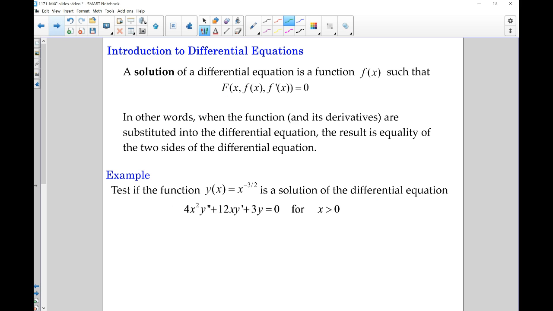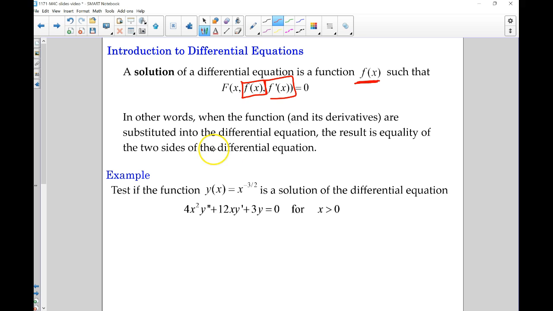Now the other term that we want to get familiar with is what a solution is. A solution would be a function, f of x, where if we substitute it in for the y and the y prime, we get out a true statement.